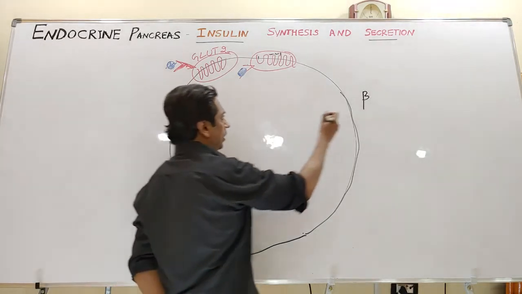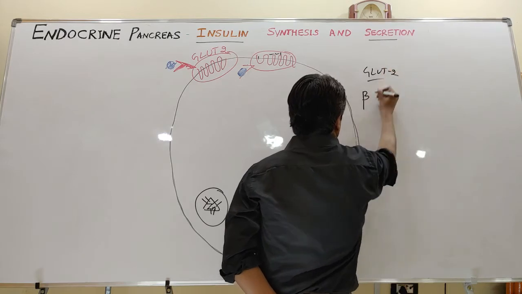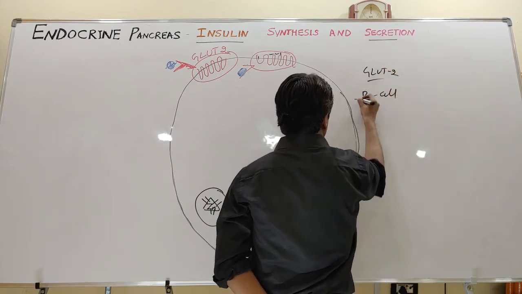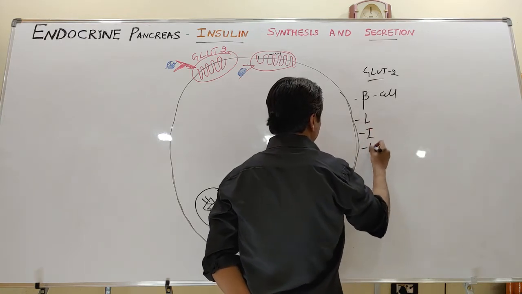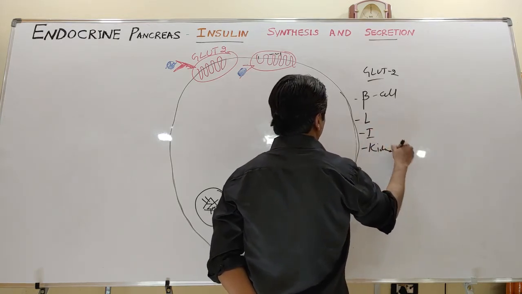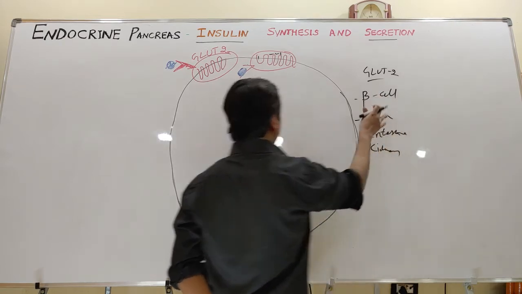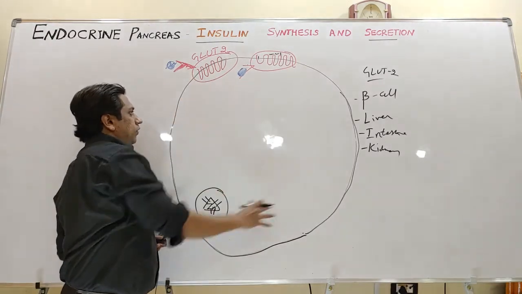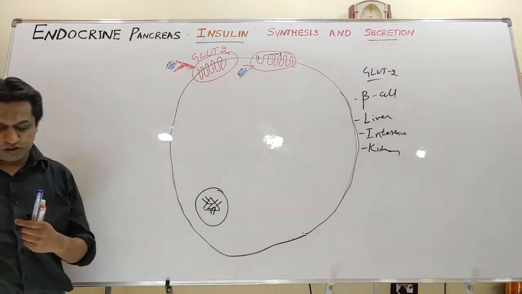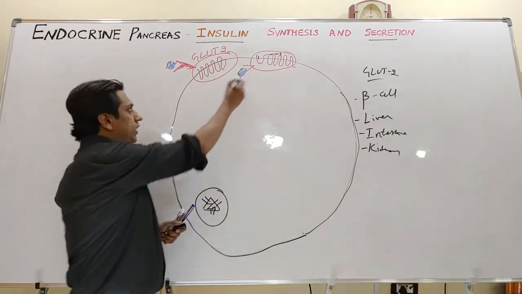GLUT2 receptors are present in the beta cells of the islets of Langerhans, in the liver, in the intestine, and in the kidney. These are the tissues in which GLUT2 receptors are present.